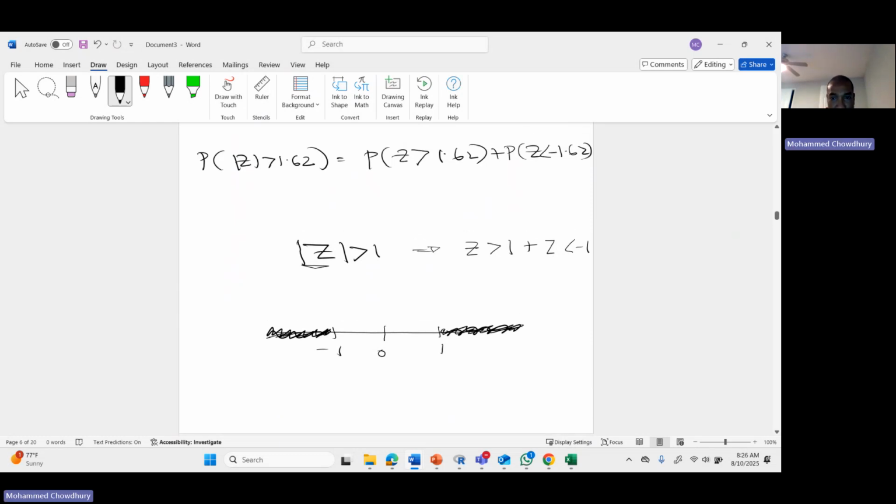Now, this is easy. What you can do is 1 minus the probability of z less than 1.62.